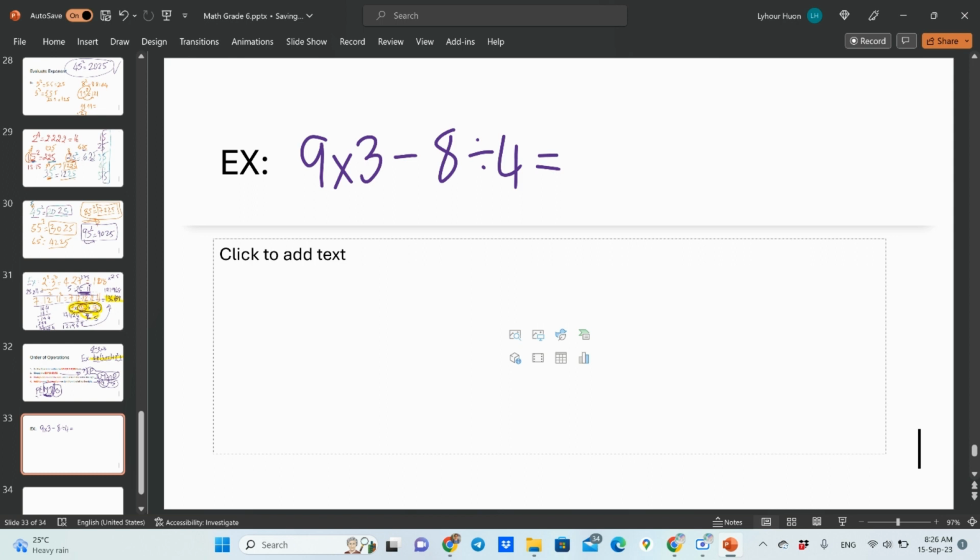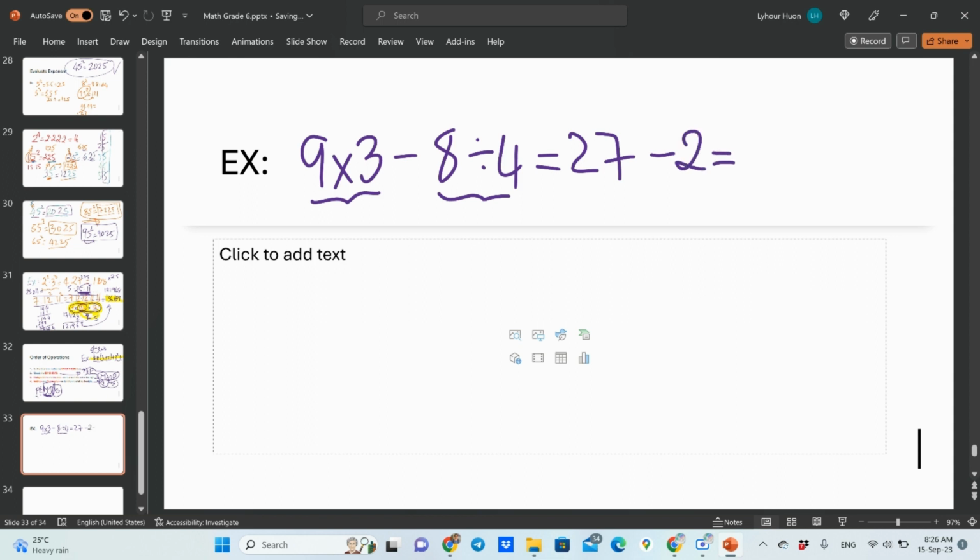We do the multiplication and the division first, from left to right. So 9 times 3 is 27, and then minus, now do the division: 8 divided by 4 is 2.